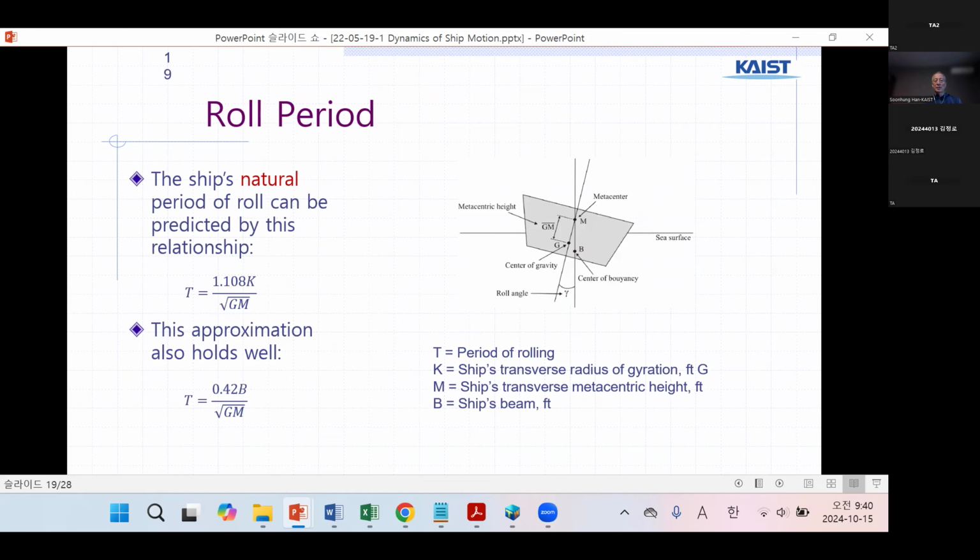So the ship's natural period of rolling can be predicted by this relationship of GM and K. K is the transverse radius of gyration. An approximation can also be made using B or K, but the above one is more complicated and a more reliable estimation or prediction.